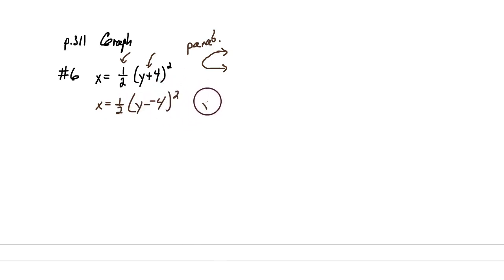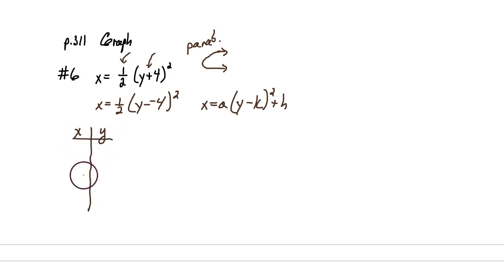This matches our general form, x equals a times y minus k squared plus h, where h comma k gets us our vertex. So we can get our vertex. And let's record that vertex as the middle row of a chart. The vertex is h comma k.